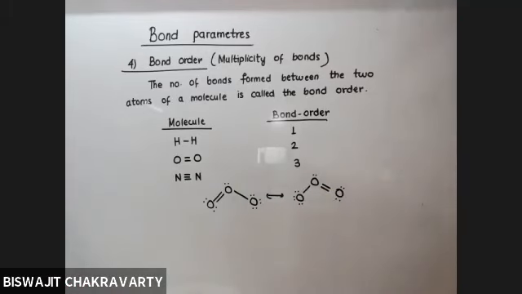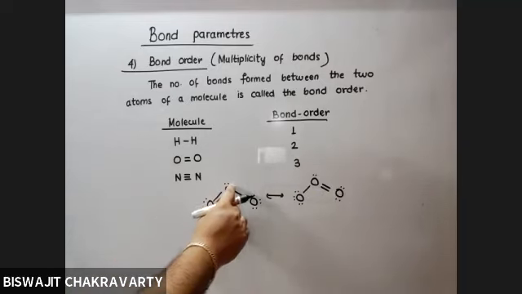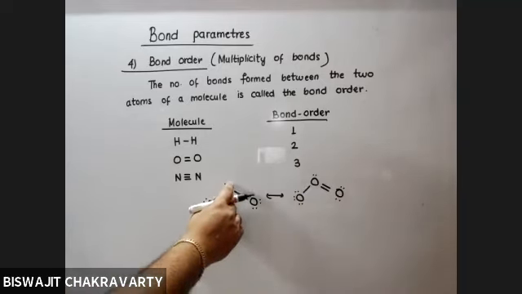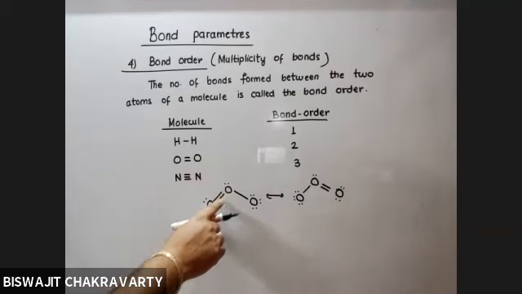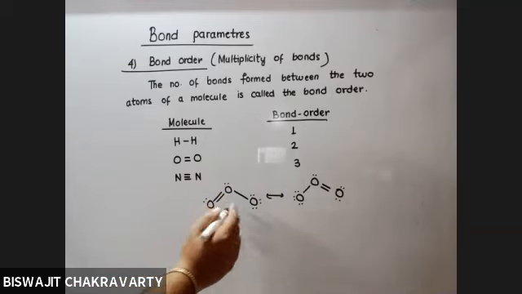Take any one particular bond. What is the bond order of these two oxygen atoms in the first structure?